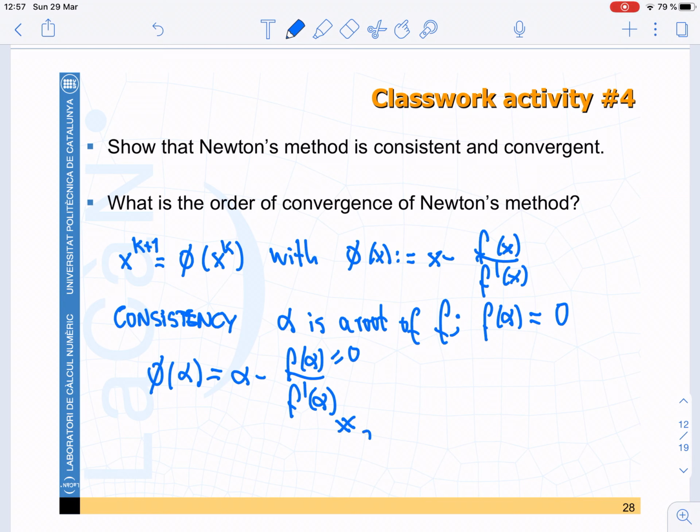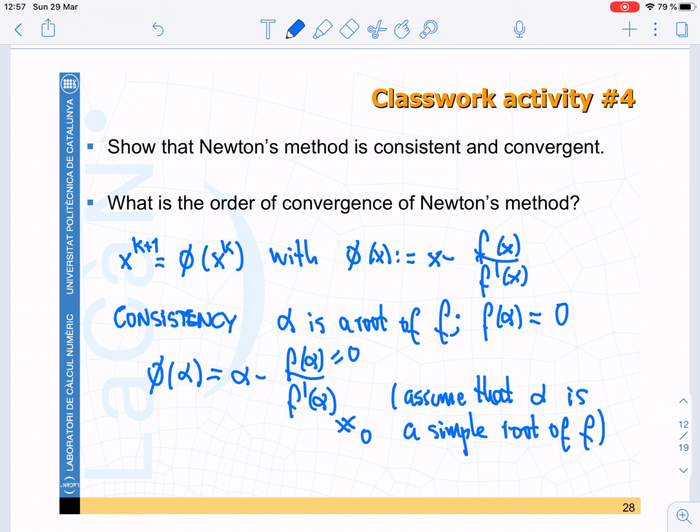And let us assume for the moment that f prime of alpha is different from 0. So we are assuming that alpha is a simple root of f. Alpha cancels f, but not f prime. So we can clearly see that this then equals alpha, so we have concluded that Newton's method is consistent for simple roots.